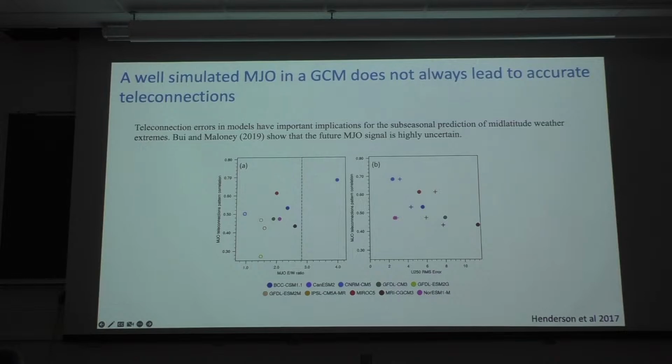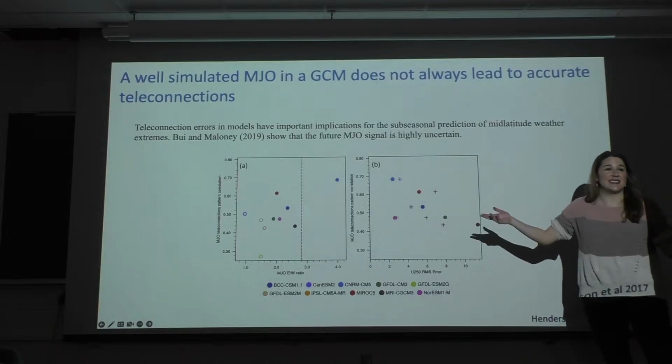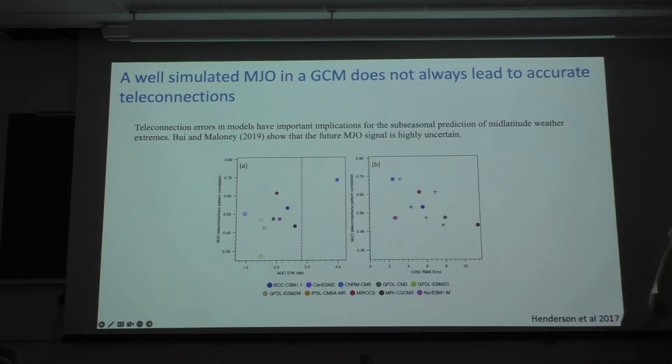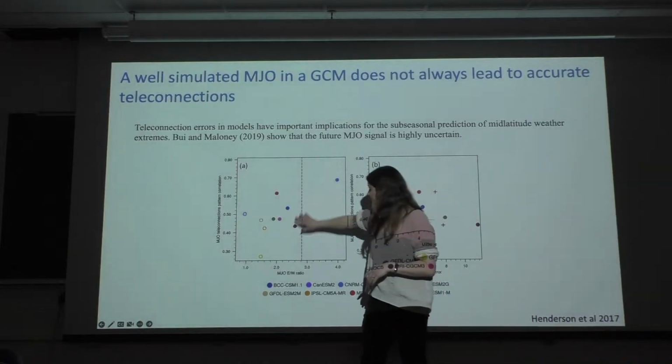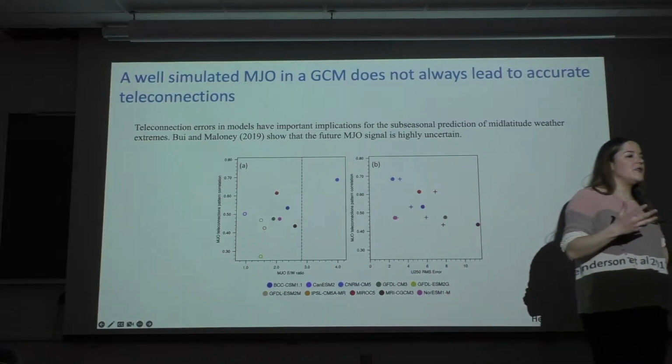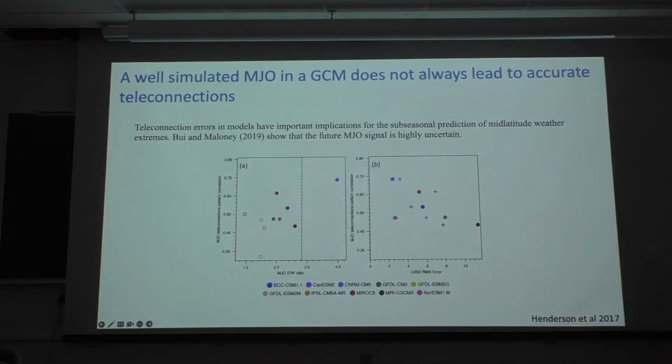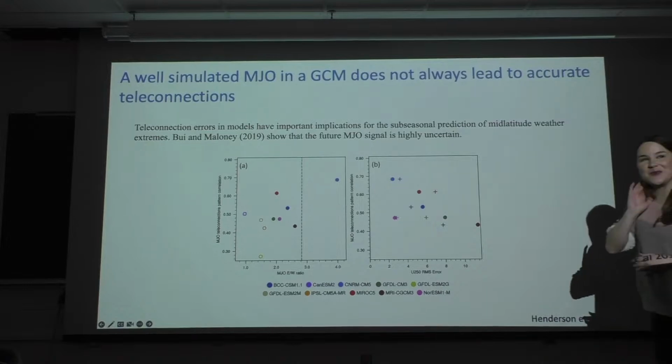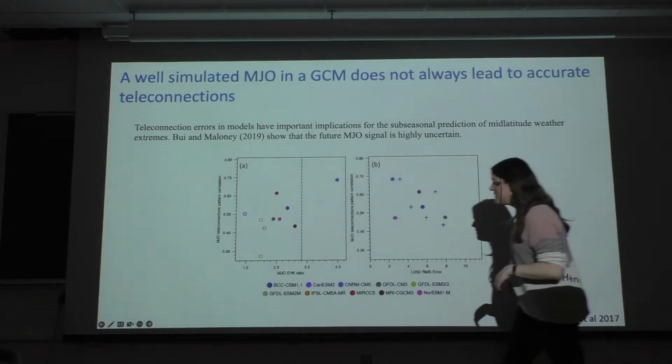We looked at the relationship between how well a model simulates an MJO and the basic state, and how that relates to how good the teleconnections are in the first place. On the left-hand side, the east-west ratio is a measure of how well a model propagates its MJO eastward, because not all models have an eastward propagating MJO.